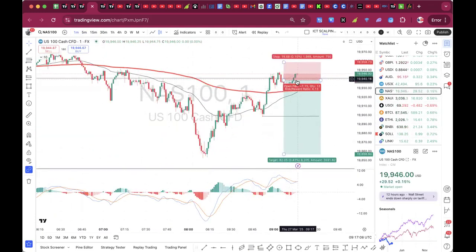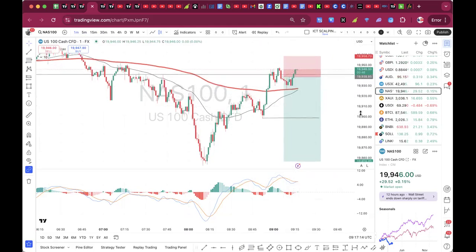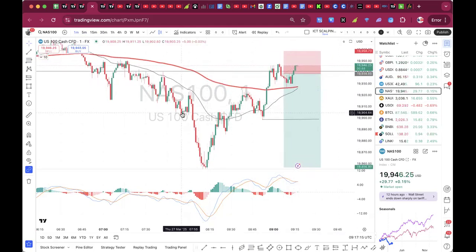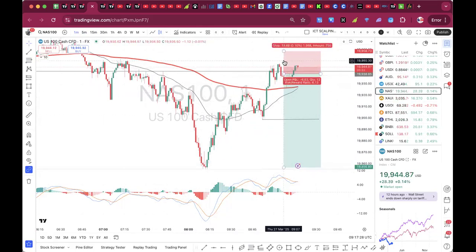So you can see this, can you see? Being above the 200 moving average can be very dangerous, okay? That's why I said you don't use an indicator just for the sake of using it, but you use an indicator for confluence. This is a low, this is a high, this is a low, this is a high, this is a low, this is a high, and another low.